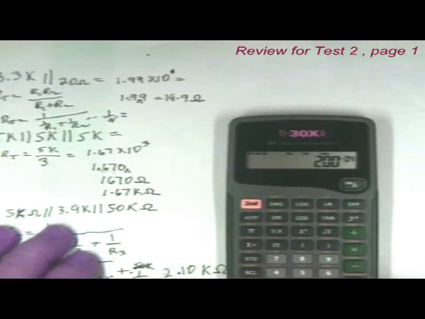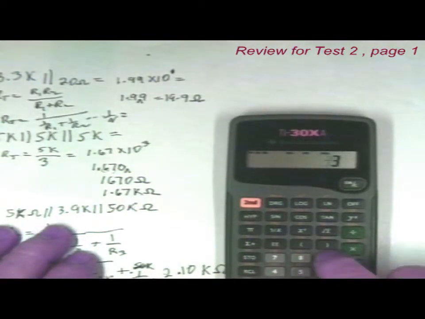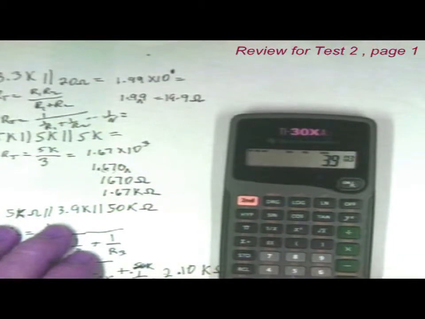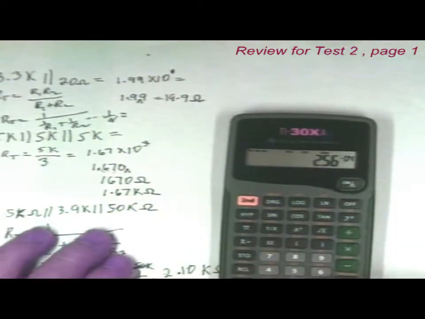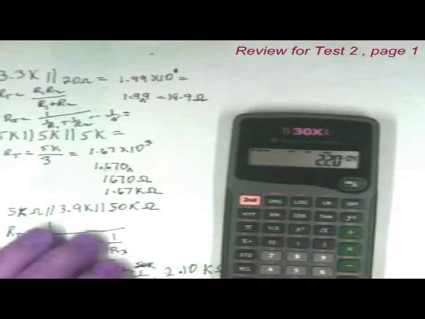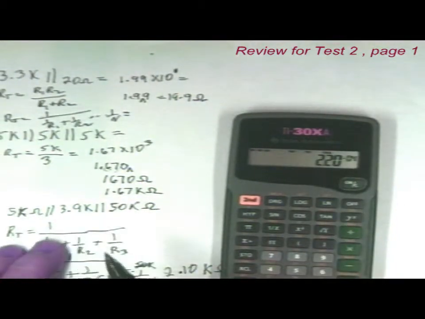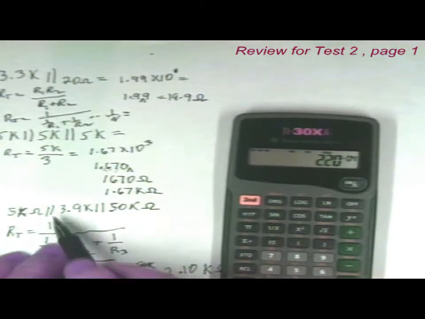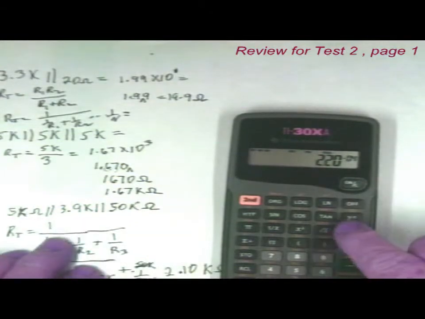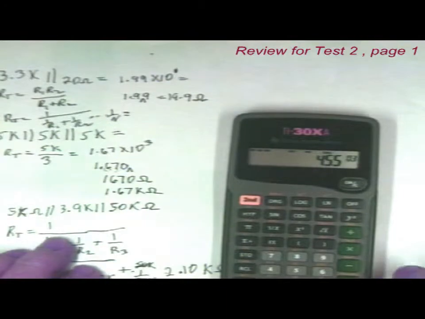And then I hit plus 3.9 double E3 reciprocal, plus 50 double E3 reciprocal equals. Now we see that we have that negative up there again. And the reason is we need to take a reciprocal again, because this whole thing here is going into 1. So I take the reciprocal, and I get 4.55K.